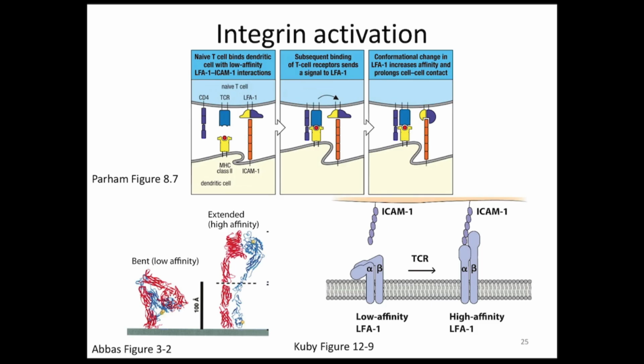This is really what it looks like. The integrin starts out like this. When the cell gets a signal from the chemokine receptor, it goes like this, and is now ready to bind to CAM. While it was like this, it was unable to bind to CAM.